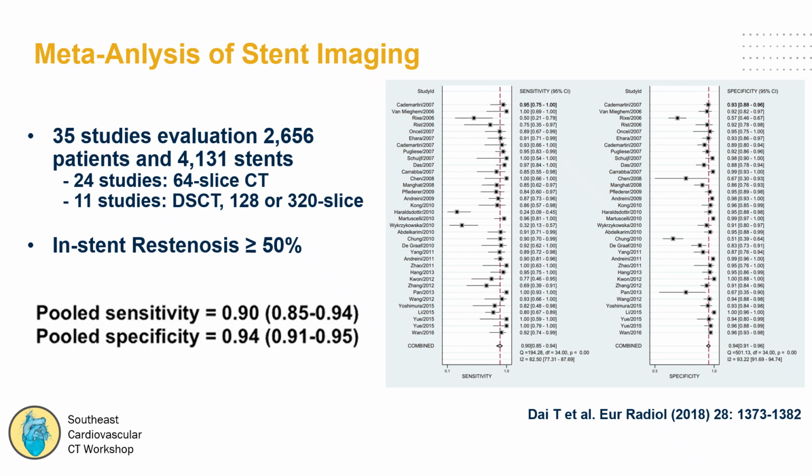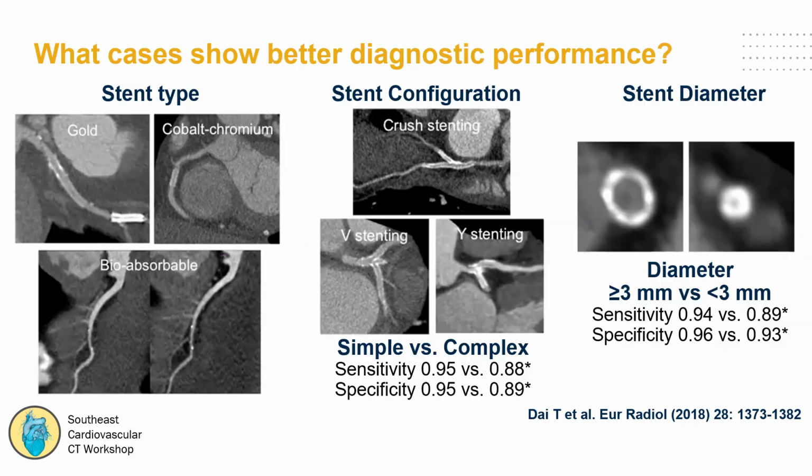There is new data that I'm going to discuss later, talking about the new technologies. But even in 2018, the overall sensitivity and specificity were quite good, around 90% or higher. However, these results vary substantially depending on stent size, the scanner technology, and the lesion complexity.